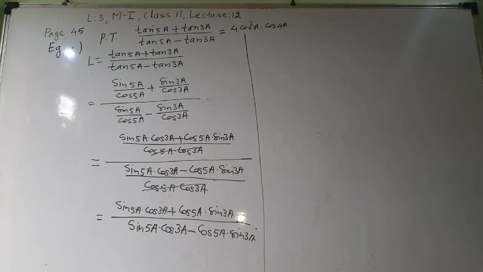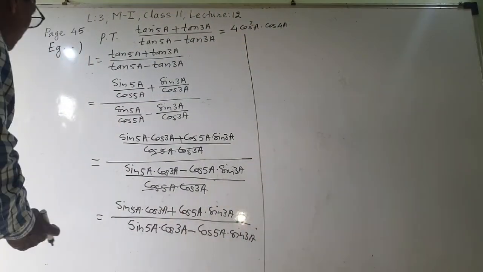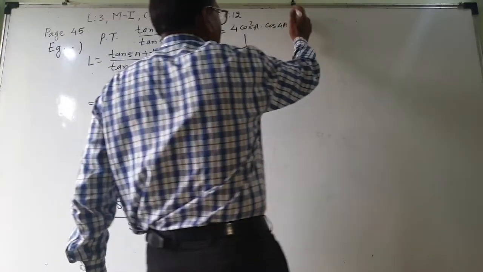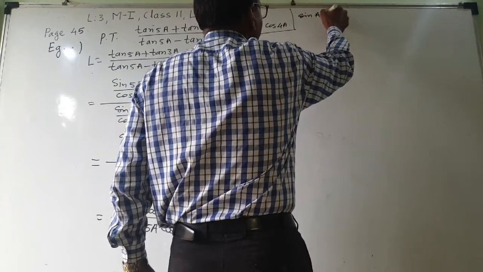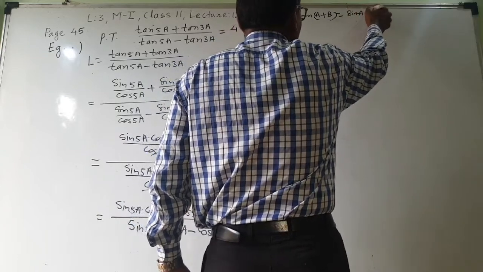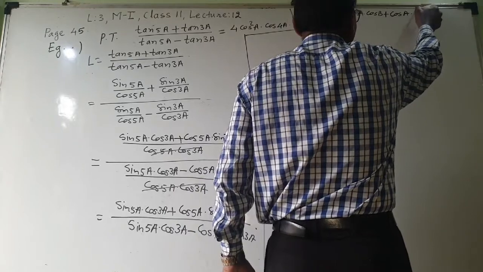So here you have to remember one thing, this is the expansion. Here I will write it and explain to you. Sine of a plus b is equal to sine a into cos b plus cos a into sine b.